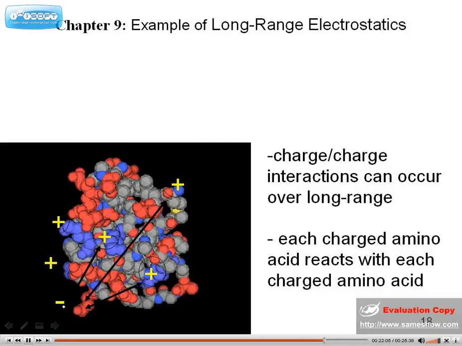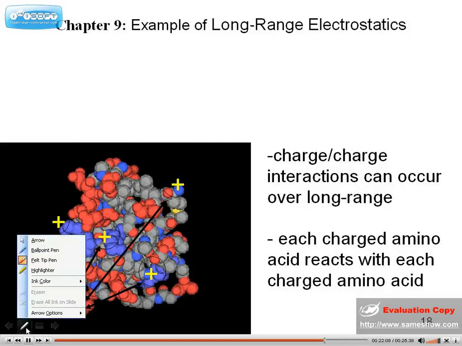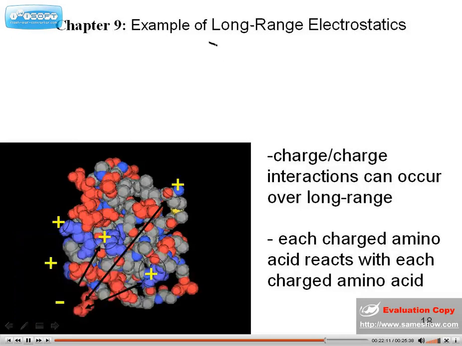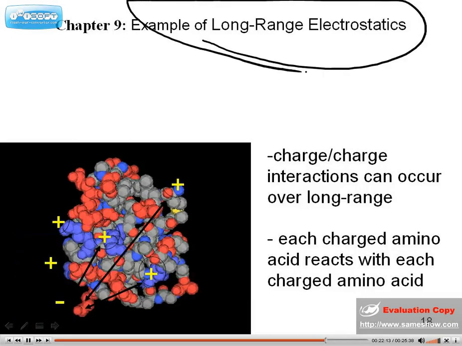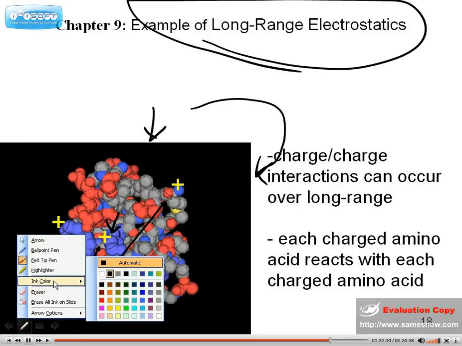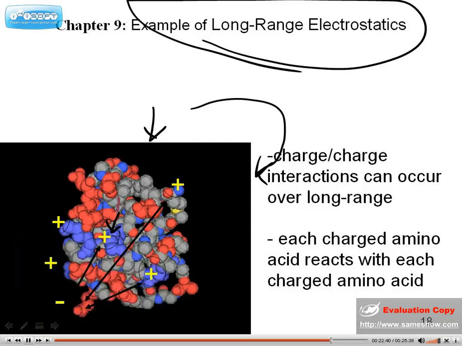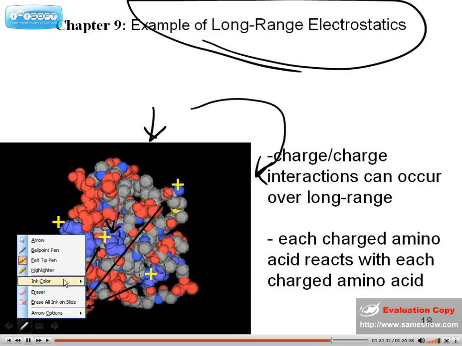Here are the long-range electrostatic interactions, which I talked about. Pretty cool, huh? I love those. So you can take a look at those. The positives, for example, let me use a white pen on these.